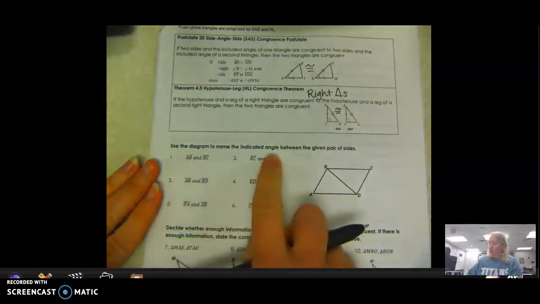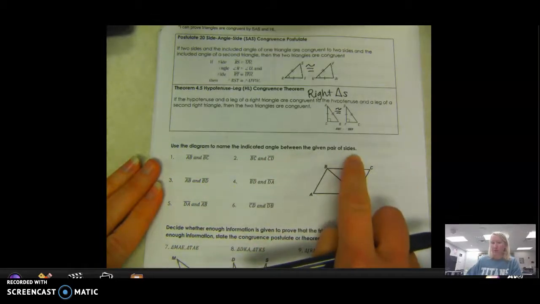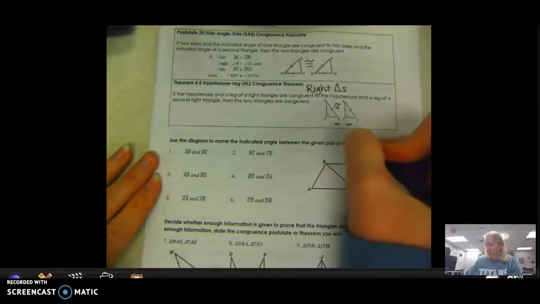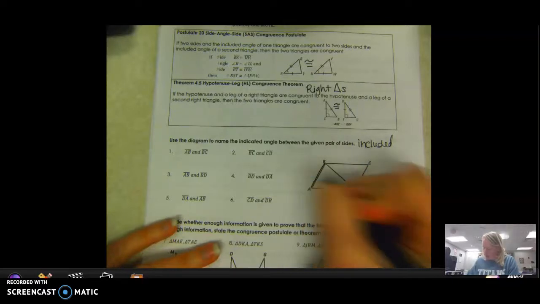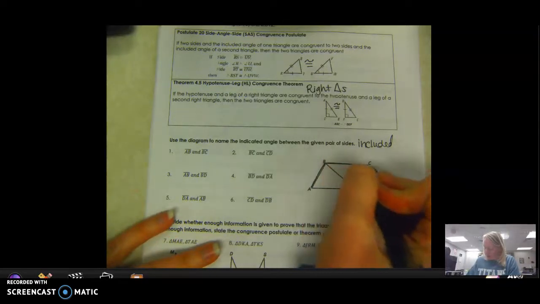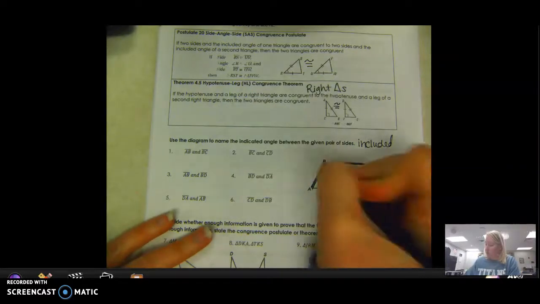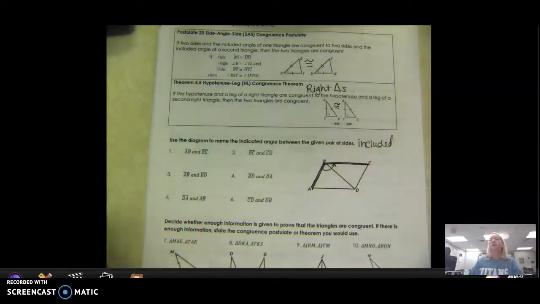Use the diagram to name the indicated angle between the given pair. So you're finding included angles is essentially what you're doing here, okay? AB, so this side, with BC. So we're trying to figure out what angle those 2 sides make. Well, that makes this angle right here. Remember, sometimes you can name an angle with 1 letter, but other times you have to name it with 3.